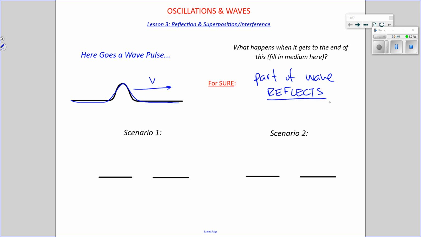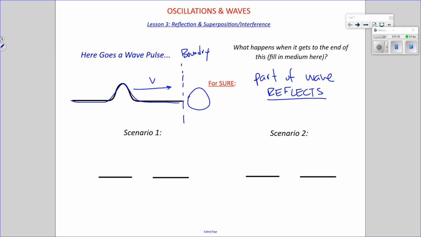So scenario one is that the boundary, and we'll call this the boundary, is where this wave gets to the boundary between one medium and another medium. What's over here in this other medium? I don't know.